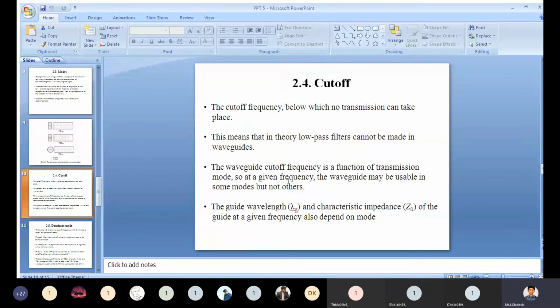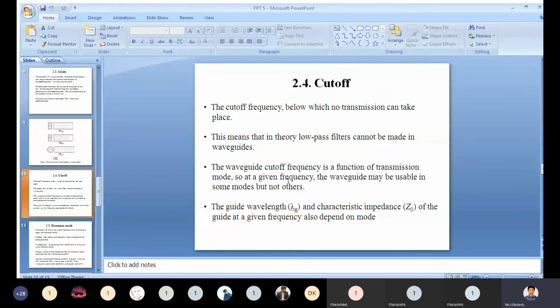Likewise, the guide wavelength lambda z and characteristic impedance Z0 of the waveguide at a given frequency also depend on mode.